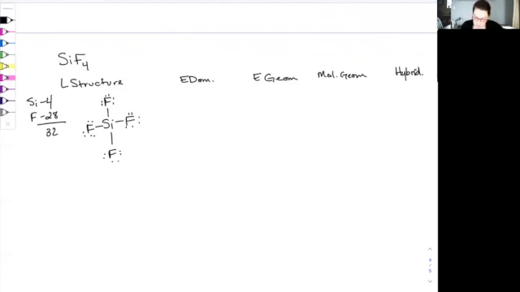Okay. So now we want electron domains. Remember that this means how many lone pairs plus bonding groups. We don't have any lone pairs on silicon, but we have 4 bonding domains. So our electron domain is 4. So 4 is going to give us the electron geometry, which is tetrahedral.